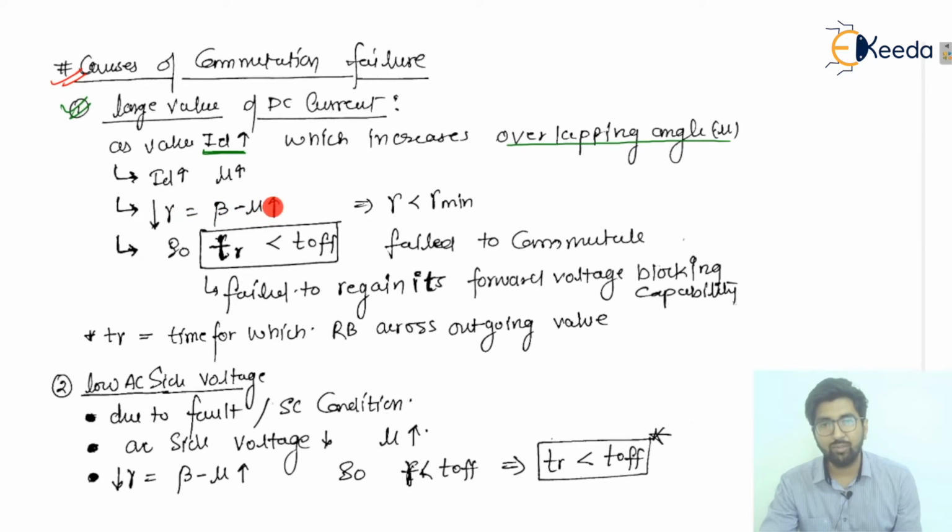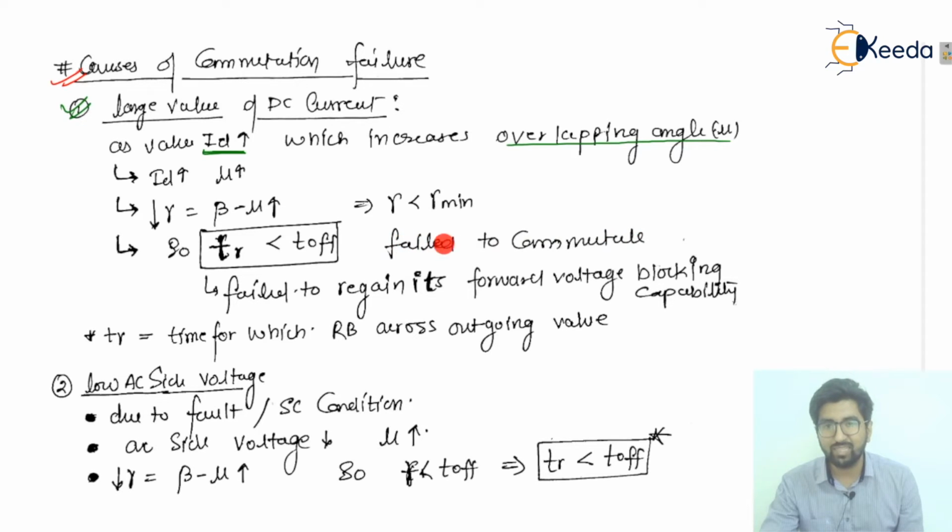So when we increase mu, the overlapping angle, gamma automatically decreases. When gamma is less than gamma minimum, then T gamma is less than T off, and that is the condition where we can say it failed to commutate.